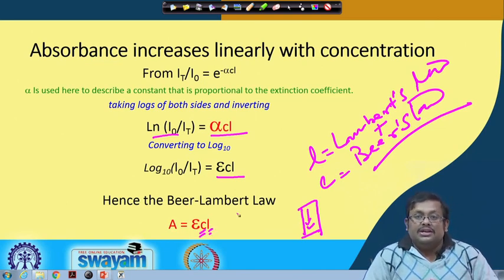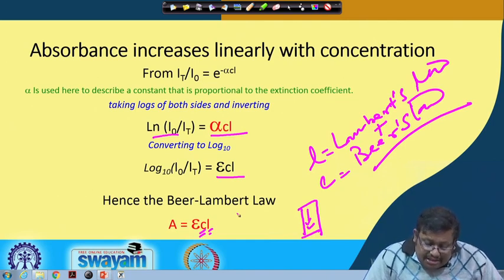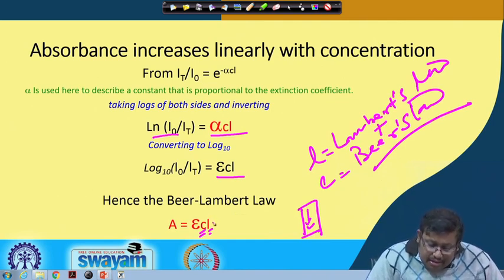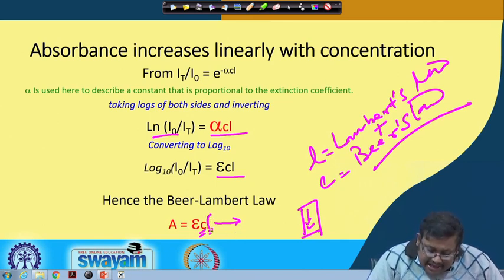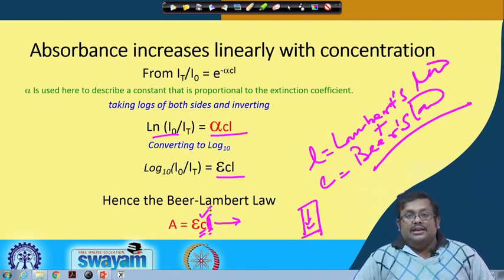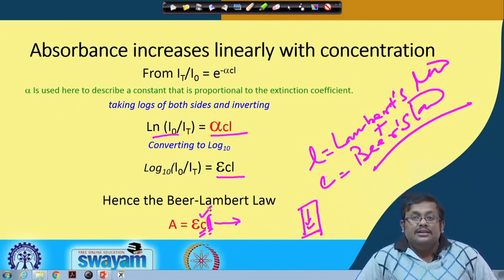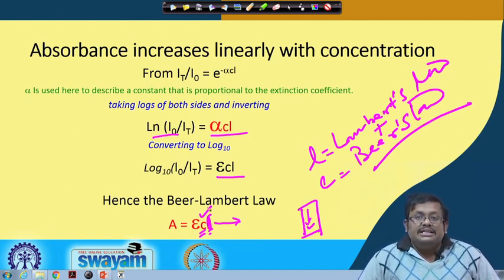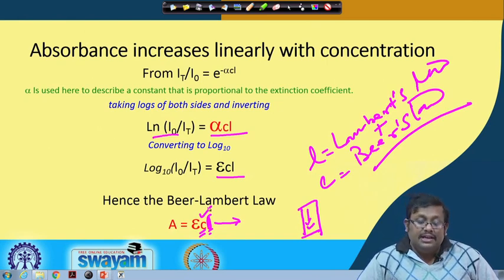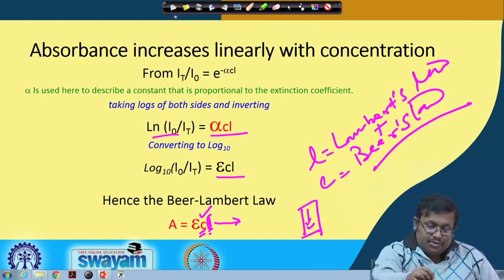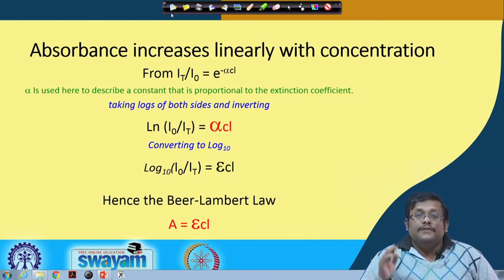This is a combination. When we apply this law to a colorimeter, we are nullifying this L and we are only playing with this C, the concentration inside the cuvette. That's how we measure the concentration of the liquid inside the cuvette, and that's why we measure the concentration of phosphate.